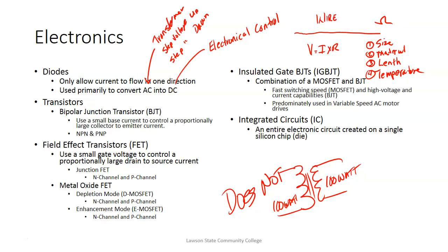So what that means is, if I've got a wire and I'm trying to send 1,000 amps through it, and it's got 1 ohm resistance, then it would drop 1,000 volts. So this is why you have to make sure that the cables, the conductors on your battery are really good.